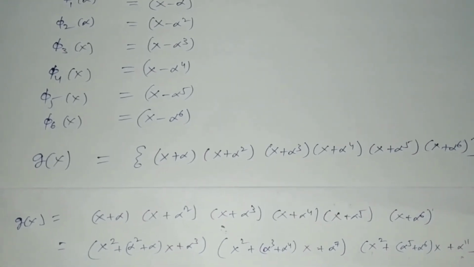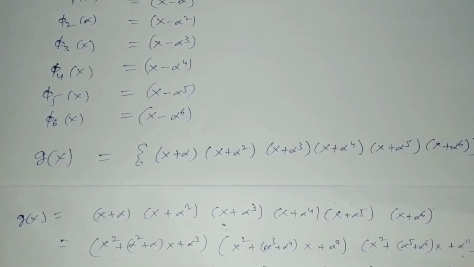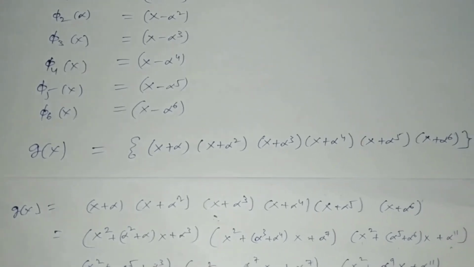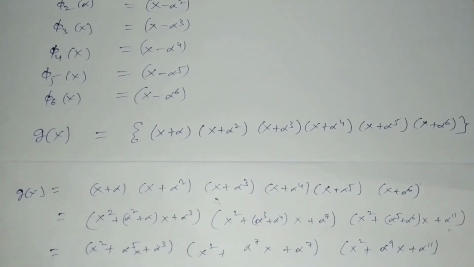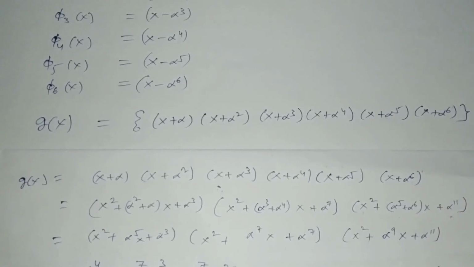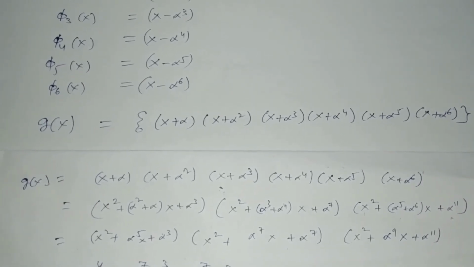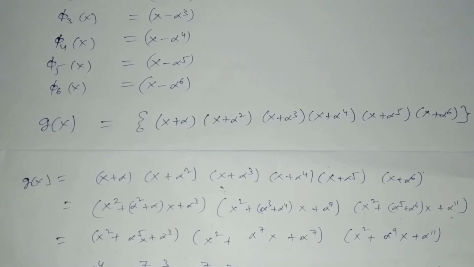In the first step, the first two terms form one factor, the third and fourth terms another, and later on it may be simplified. For simplification of all these terms, in the first factor we got alpha square plus alpha.